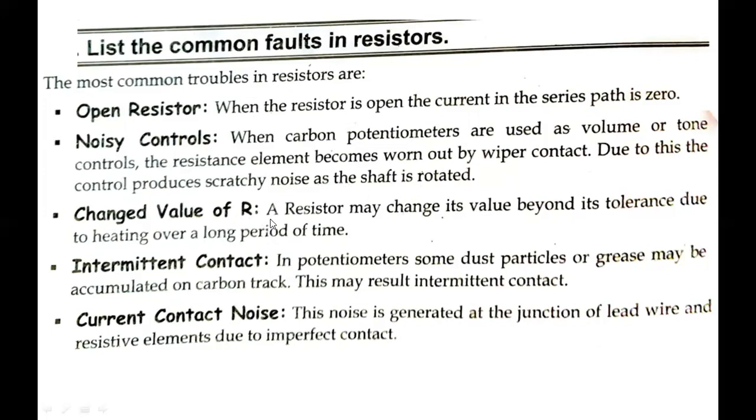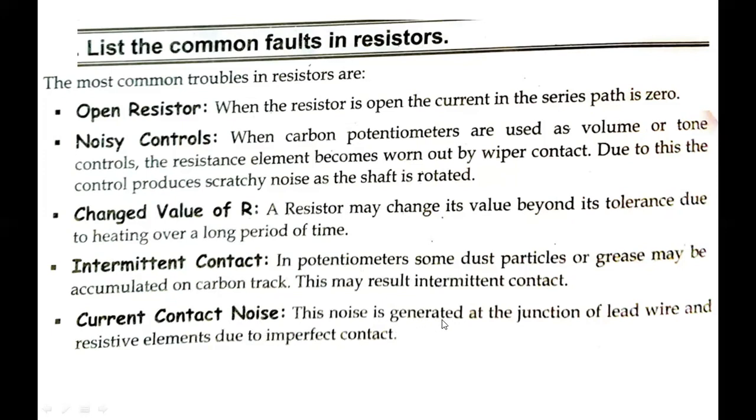Change value of R. A resistor may change its value beyond its tolerance due to heating over a long period of time. Intermittent contact. In potentiometers, some dust particles or grease may accumulate on the carbon track. This may result in intermittent contact. Current contact noise.